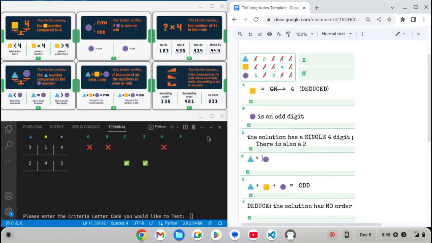And because of the 2 checks, and yeah, it's 2, 4, 3. So let's go ahead and cross out the 1 so that triangle is smaller than circle. So yeah, it looks like our solution is 2, 4, 3.